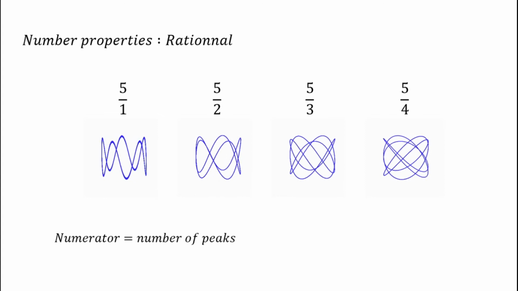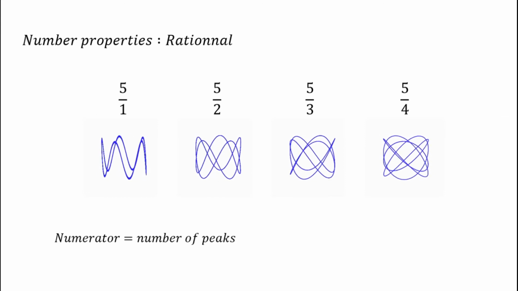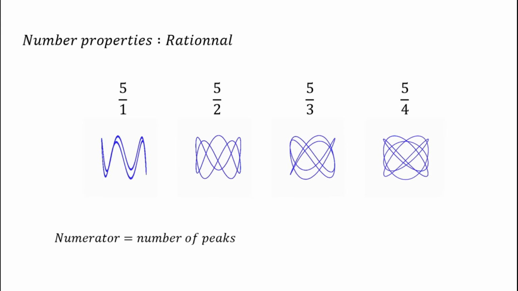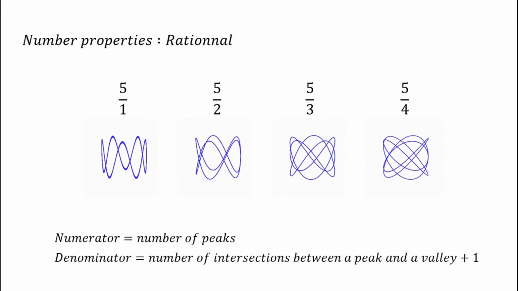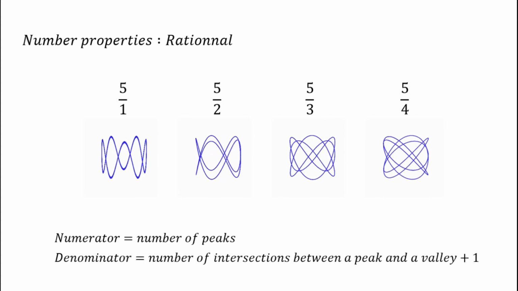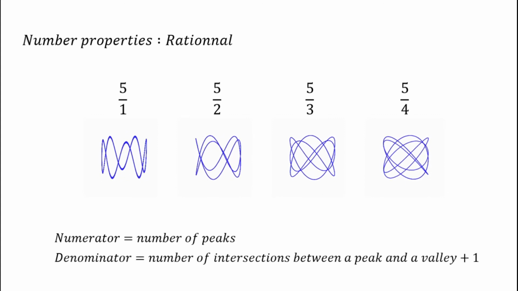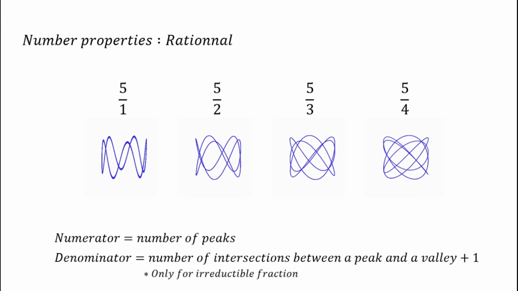But if you look closely, each time the denominator increases, there is one more intersection on the Lissajous curves from a consecutive up to down curve. And this leads to the relation that the number of intersection points plus 1 is equal to the denominator.